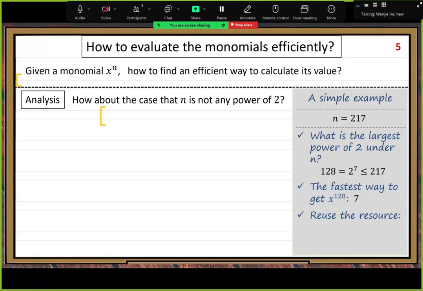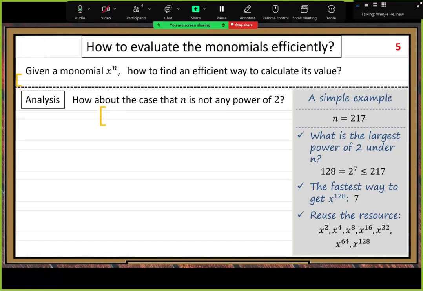So here, let's maintain that pool. This pool contains all these intermediate results: x squared, x to the 4th, x to the 8th, all of them, because when we get x to the 128th, we need to go through all these monomials with power of 2 exponents, right? Don't throw away.